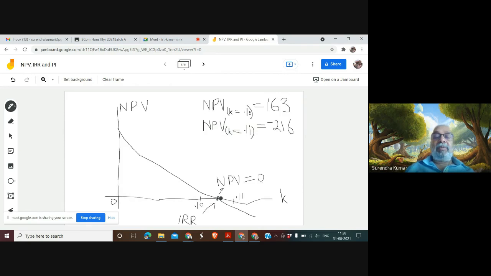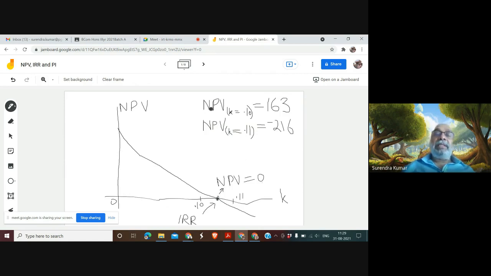So because it is falling between these two, our IRR is somewhere in between. Now that's what we want to understand today: how do we calculate IRR. We were previously doing, in some other session, how to find IRR by the trial and error method using an Excel sheet. But today we are going to compute it using a formula.